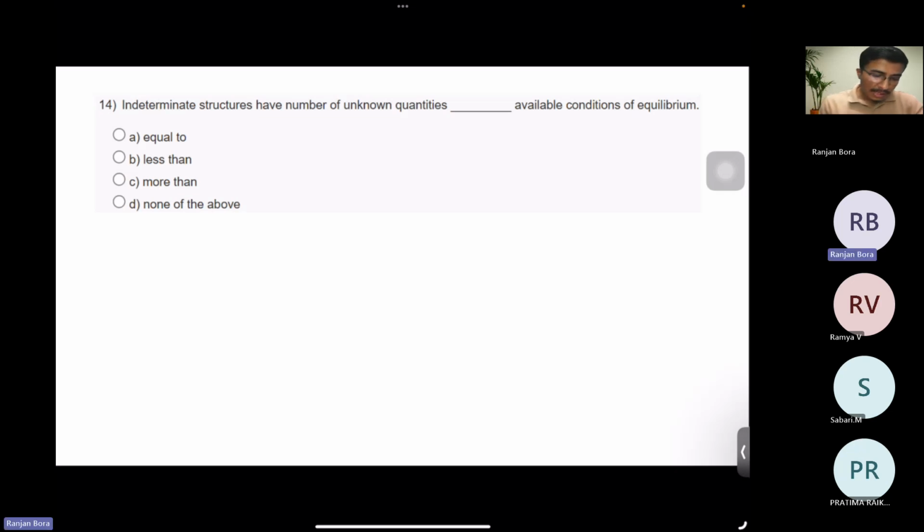Okay, next question. Indeterminate structures have a number of unknown quantities the available conditions of equilibrium. What do these indeterminate structures mean?